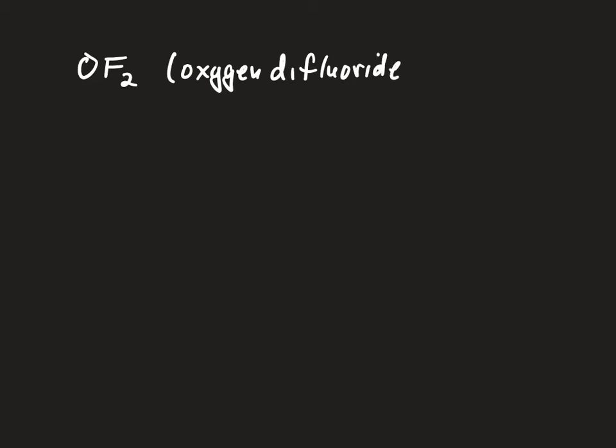Our next molecule we'll consider is an unusual one we don't see very often, but it is oxygen difluoride. Now, this is one of the few cases where there's something more electronegative than oxygen. So oxygen has to be in the center, which puts fluorine on the outside.